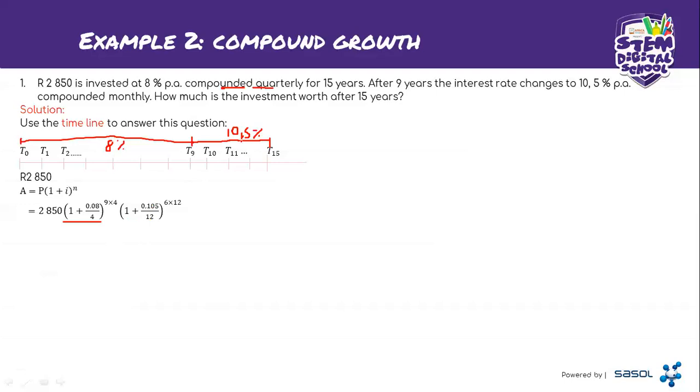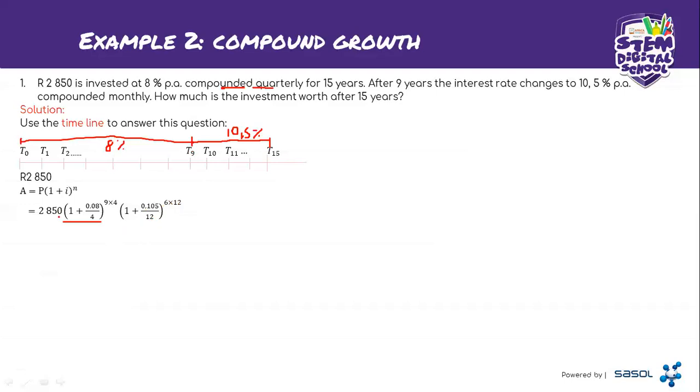The interest that we are having here is 10.5, and this 10.5 you're going to divide by 100, then you're going to get 0.105. Then it says compounded monthly, so we're going to use 12. We divide by 12 and multiply the remaining years with 12. And the remaining years from 9 to 15 is 6 years, hence we are having 6 times 12 there.